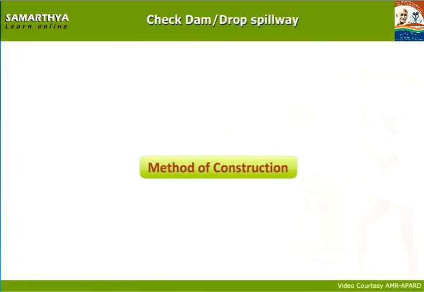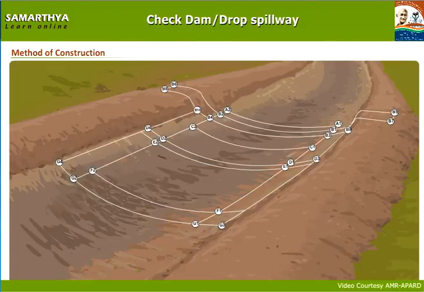Method of construction of check dam. Now let us see in depth the foundations to be dug for check dam. Dig foundations for upstream side cut-off wall at the center of A1, A2, B2, B1 with a depth of 0.90 meters and deposit the soil away from stream bunds.